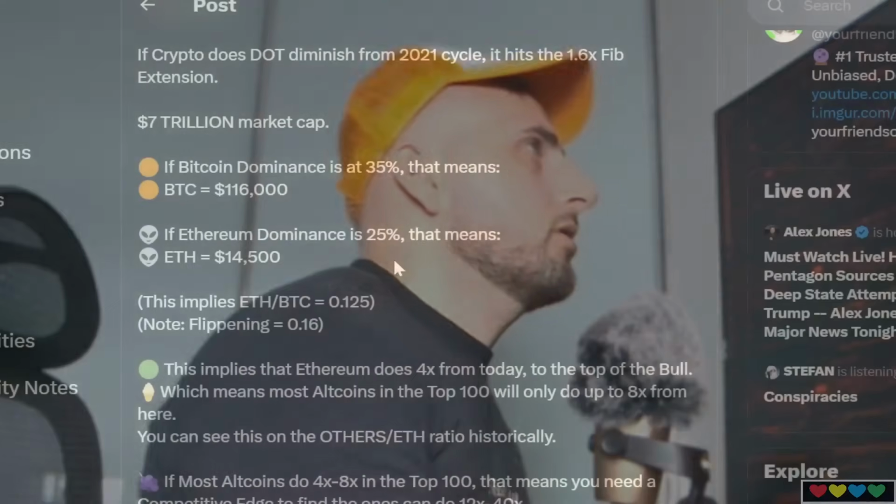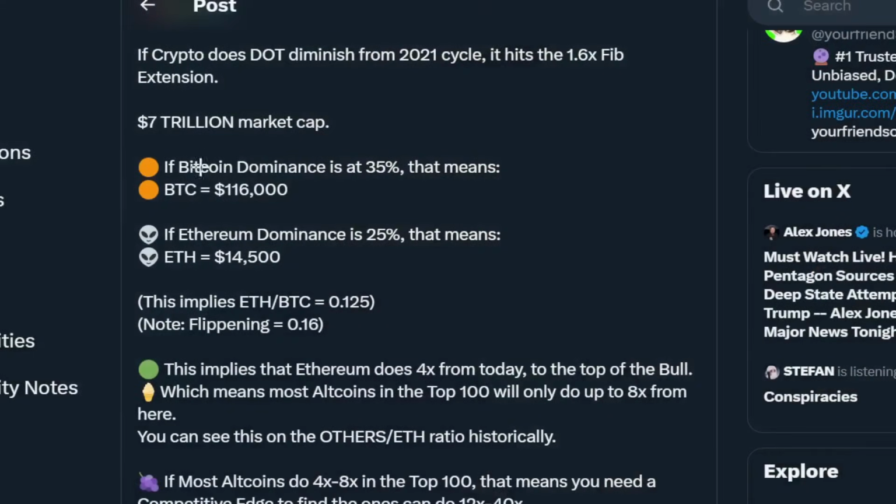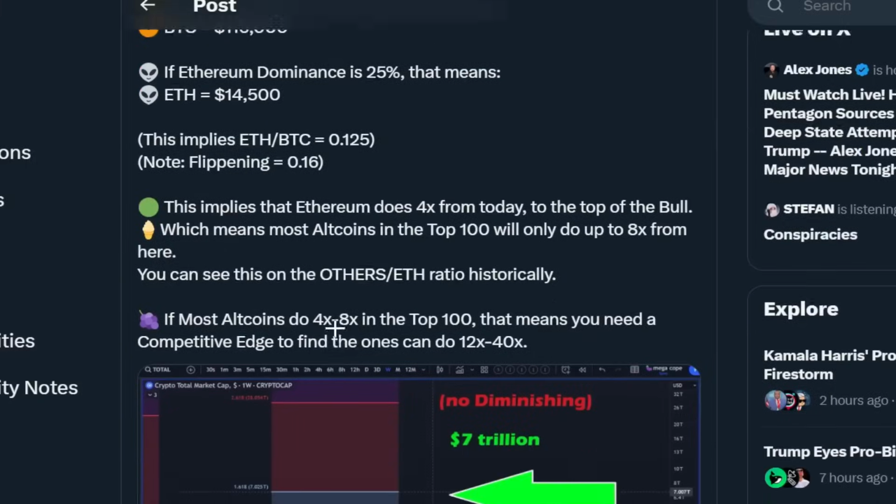Those were the numbers. It doesn't mean they necessarily stop there, or their ratios. So just to go through it with you again: Bitcoin hits 116,000, Ethereum 14,500, and yes, altcoins only do 8x from today. So Ethereum does 4, and these things do an 8.